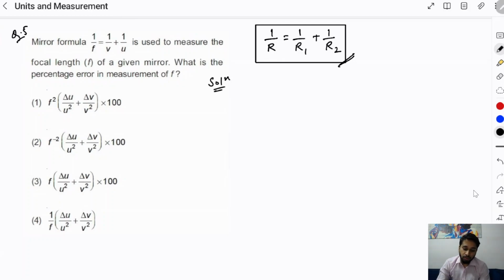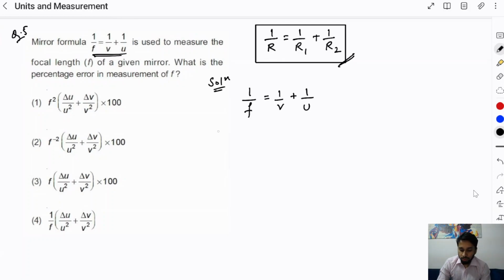Here we have the mirror formula, which is 1 by F equal to 1 by V plus 1 by U. The question is, mirror formula 1 by F equal to 1 by V plus 1 by U is used to measure the focal length of a given mirror. What is the percentage error in the measurement of F?